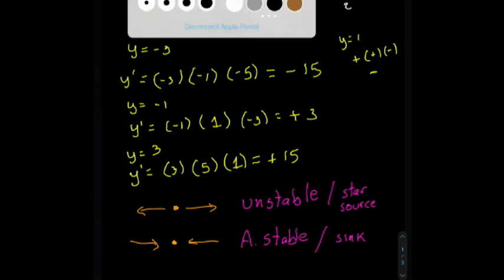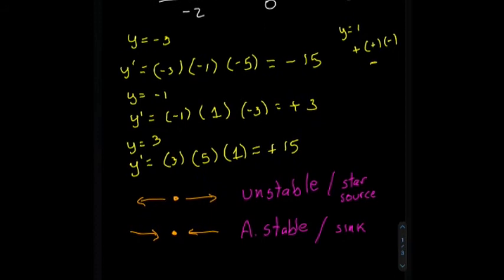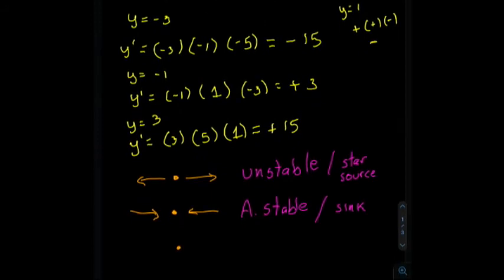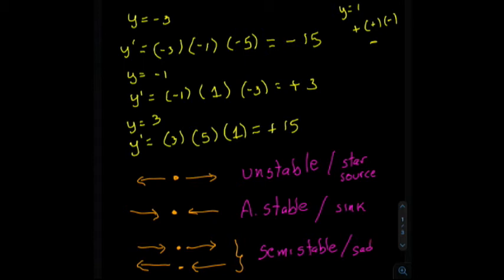The next one can be two cases. We have both arrows pointing to the right or both arrows pointing to the left. When we have this case, we say this point is a semi-stable point. Semi-stable, and the name is a saddle. This is a saddle point.